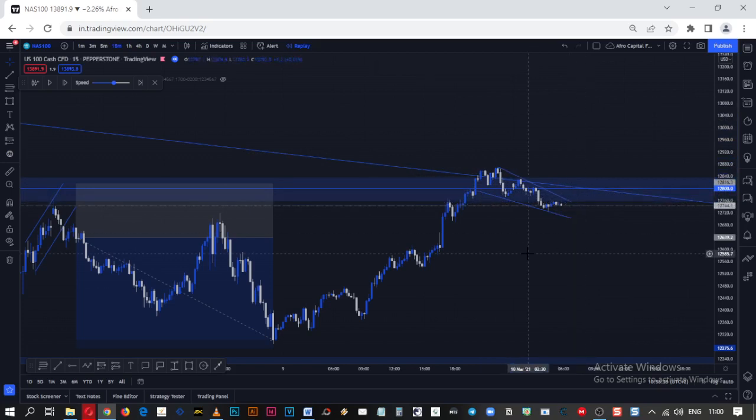That's a flag continuation pattern. What I'm looking for is price to break out, retest, and then continue.